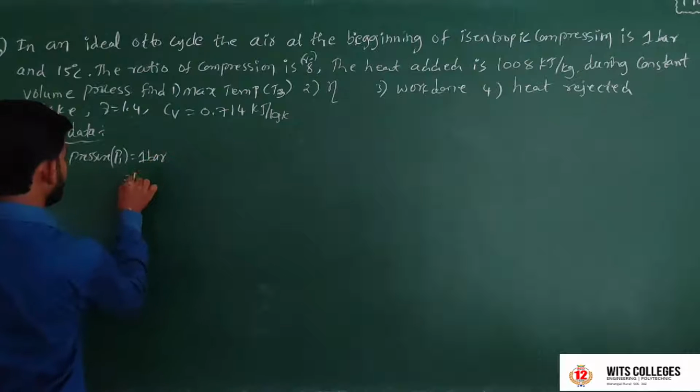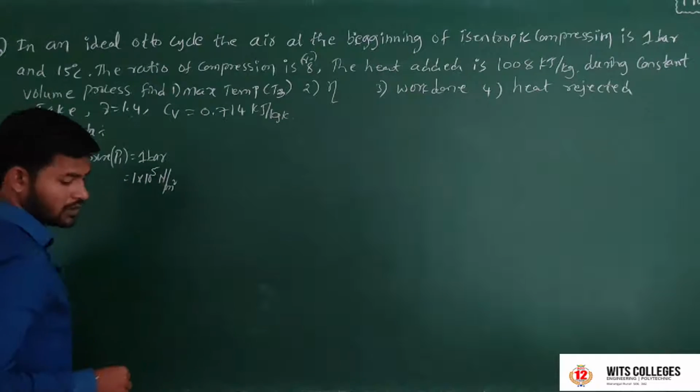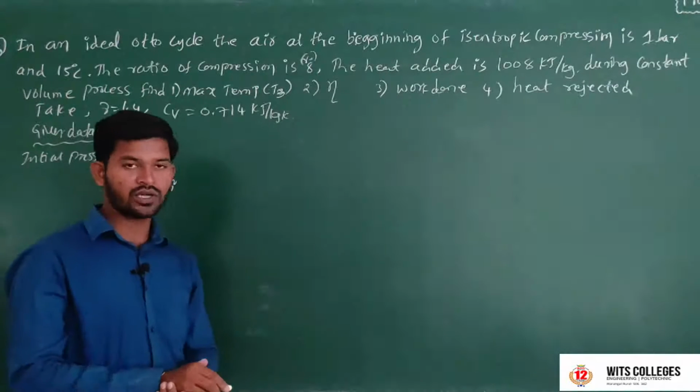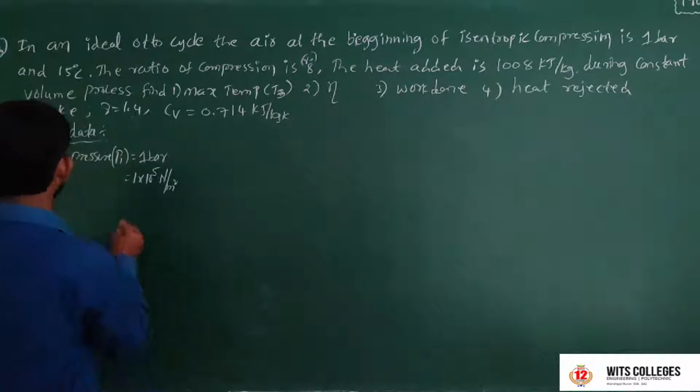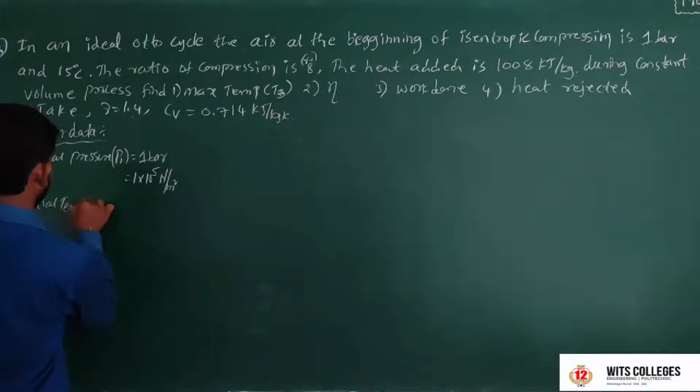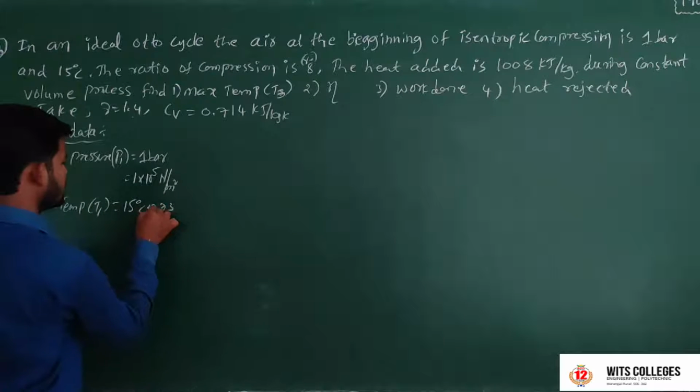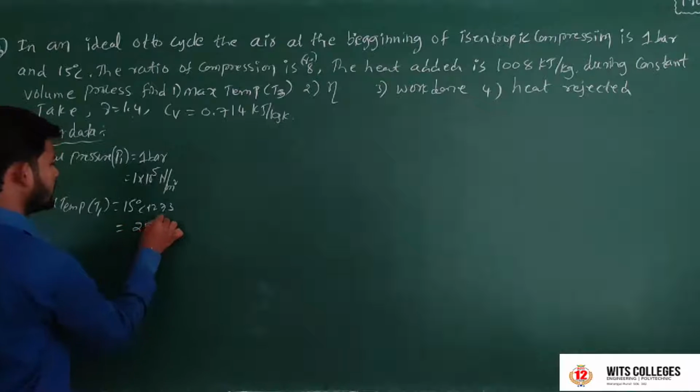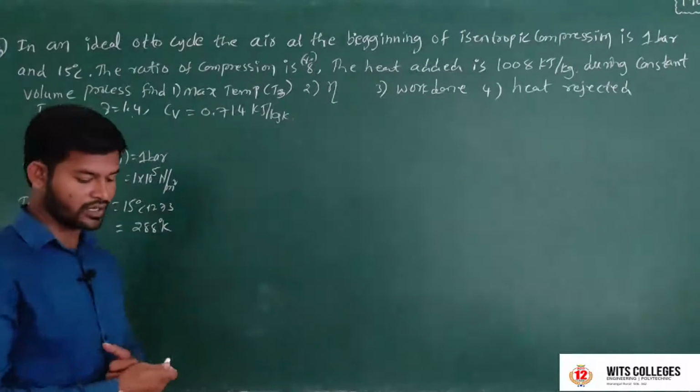It will be converted into 1 into 10 to the power of 5 Newton per meter square. Next, the initial temperature is given as 15 degrees centigrade. Initial temperature T1 equals 15 degrees centigrade plus 273, equals 288 kelvin. We have to convert to kelvin.